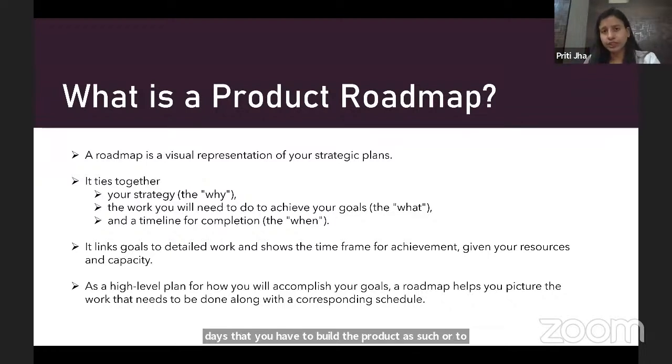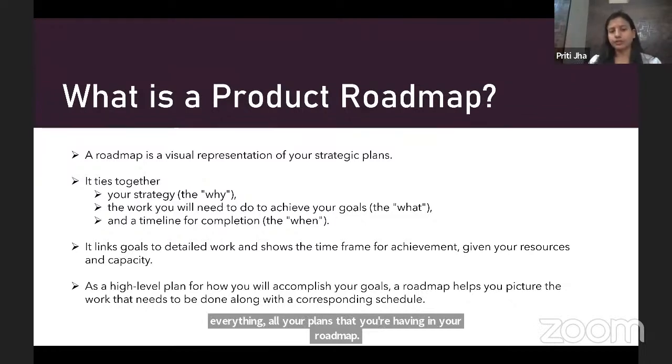So as a product manager, whenever you're preparing your roadmap, this comes into play as a very important building block, wherein you have to align all your plans in your roadmap with these resources and capacity.